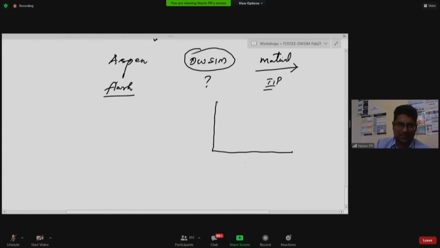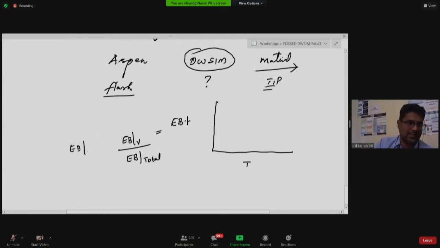For example, I'm drawing with temperature, but one can draw with any variable, such as what is the percentage of ethyl benzene, like ethyl benzene in vapor to ethyl benzene total. Or one can define it as ethyl benzene in vapor to ethyl benzene in liquid, and so on. This could be anything. We can literally do this.